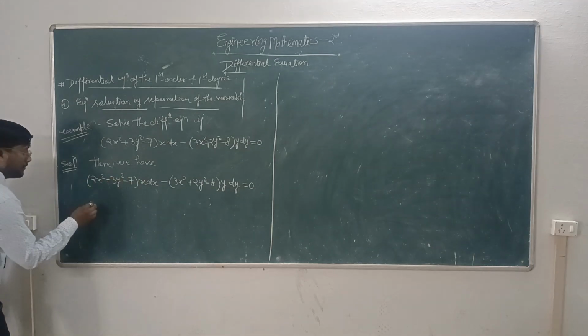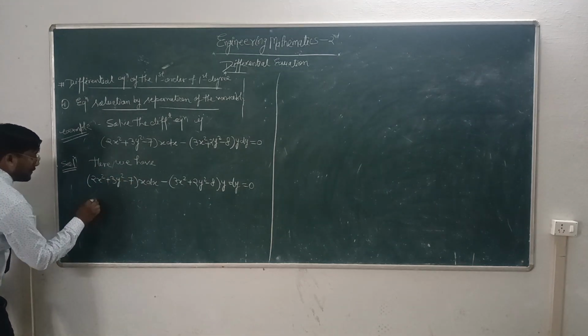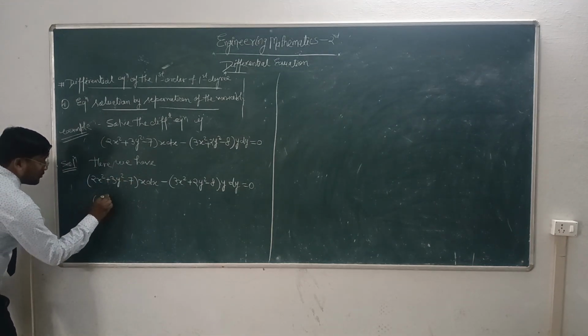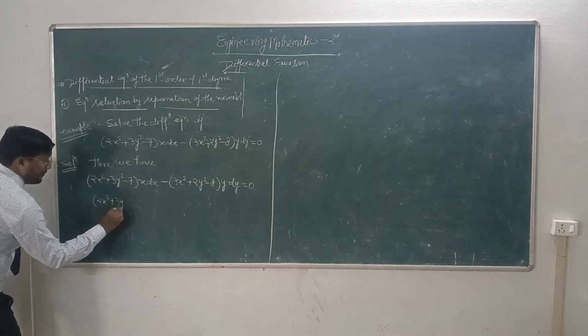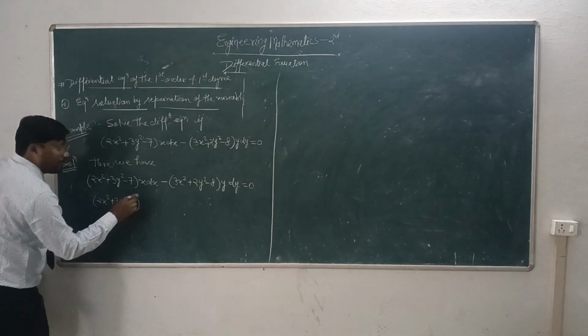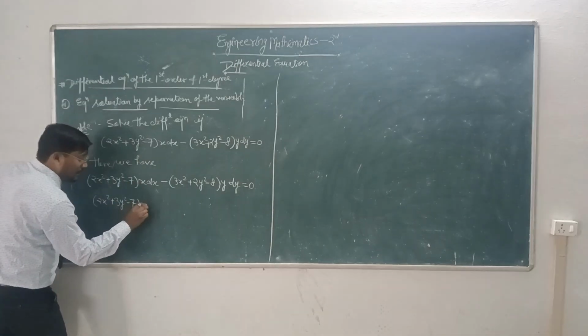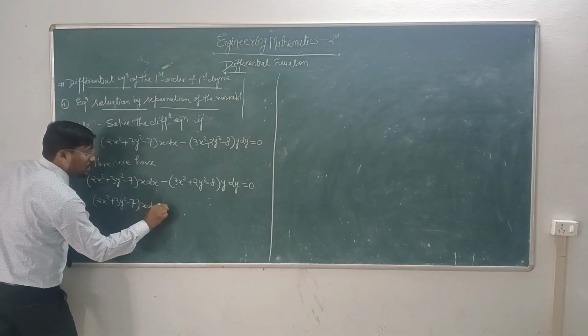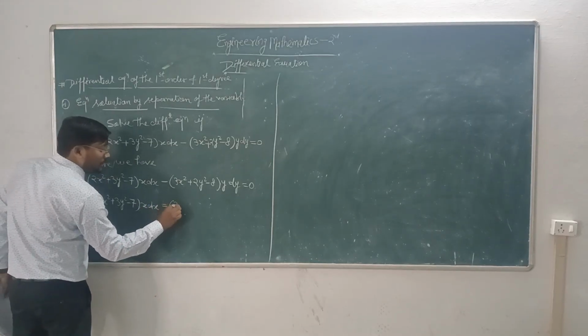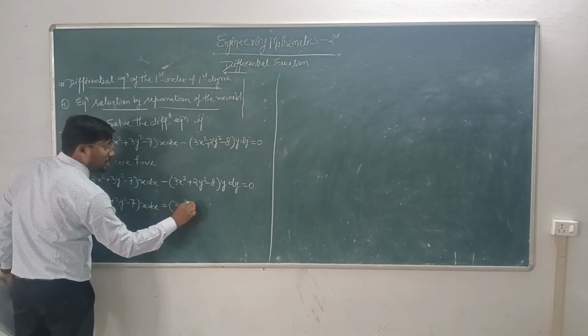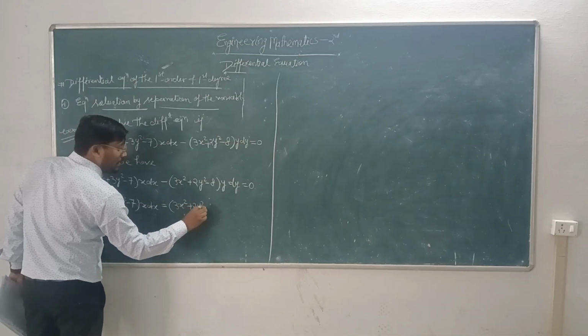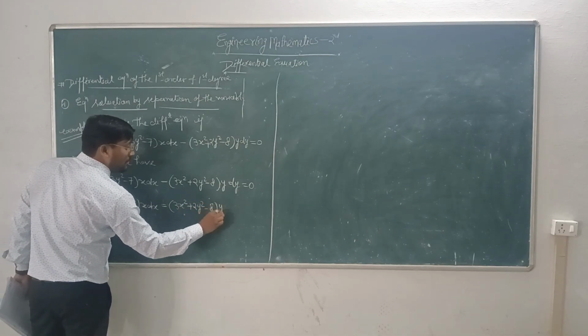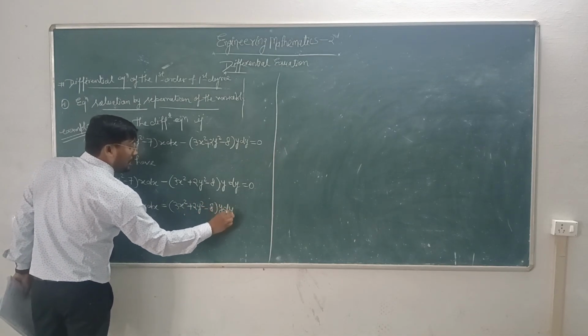You can write (2x square + 3y square - 7) x dx is equal to (3x square + 2y square - 8) y dy.